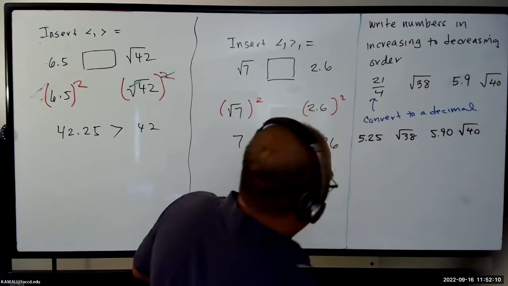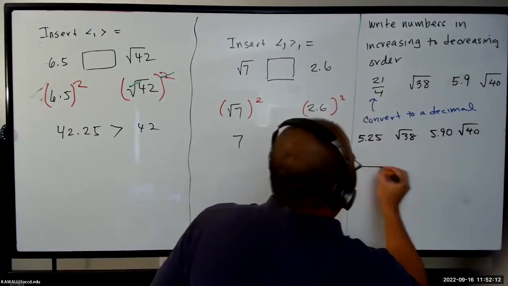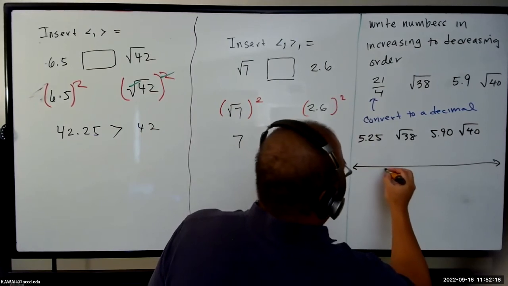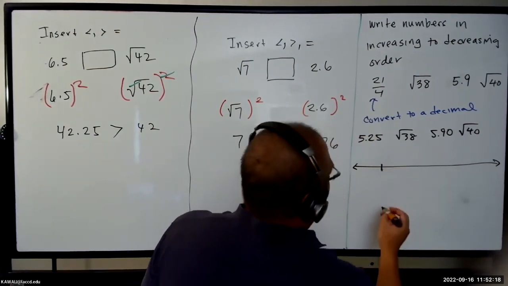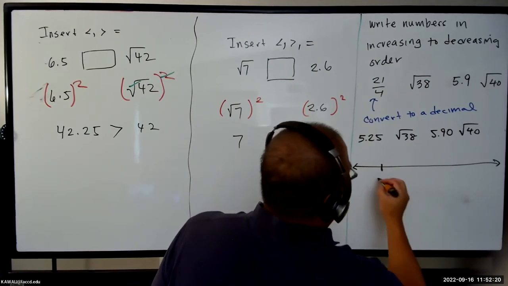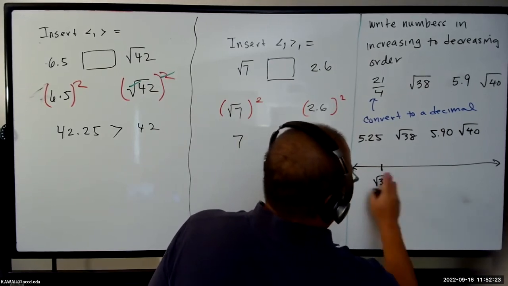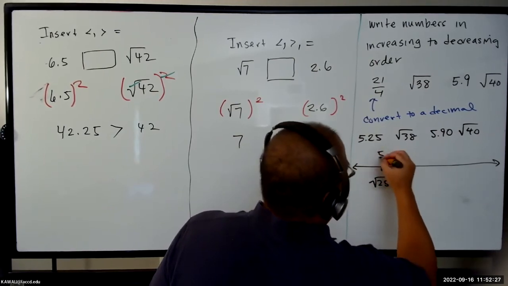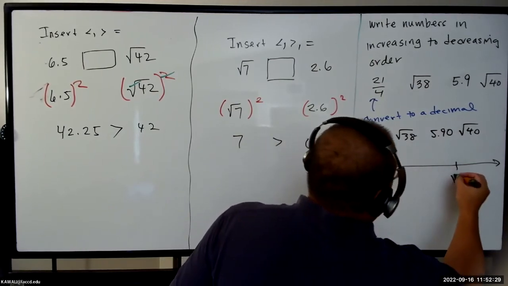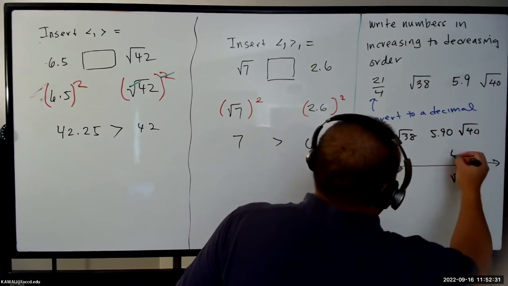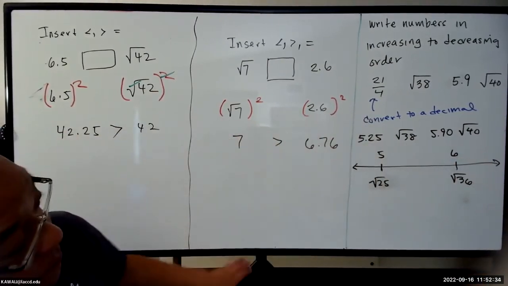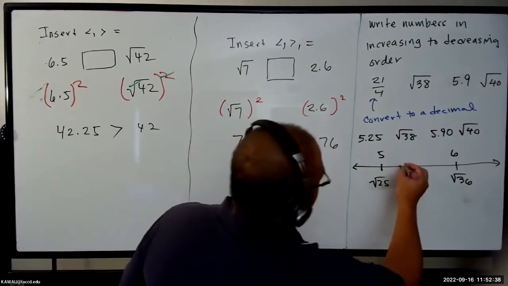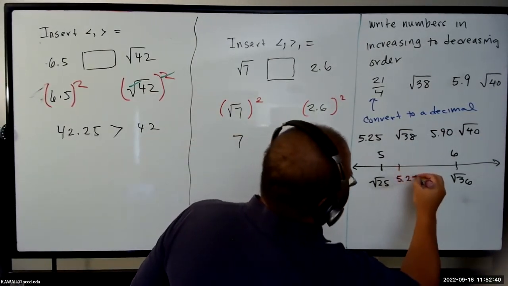Okay. So if you put this on a number line, let's make sure we put our square roots. So I have square root of 25 is 5, and then I have square root of 36 is 6 over here. So my 5.25 is here.